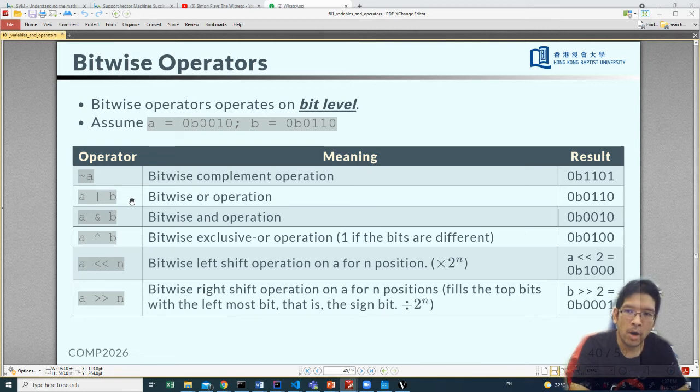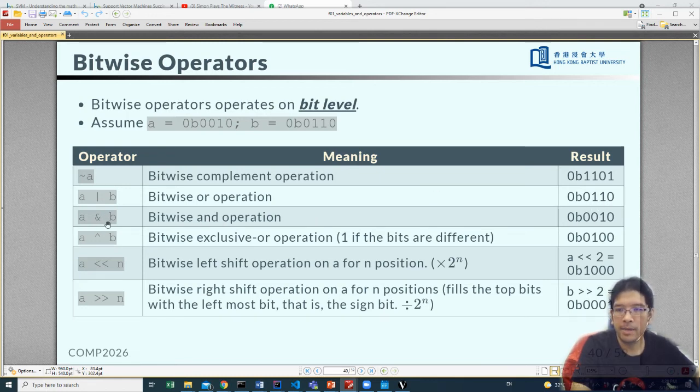If either one of them is a 1, then we treat it as a 1. Remember, in this bitwise operator we only use one pipe symbol. A or B: 0 and 0 gives you a 0 here. 0 or 1, the second bit of A is 0 and the second bit of B is 1, gives you a 1. The third one, 1 or 1, gives you a 1. And the last one, 0 or 0, gives you 0. So A or B will give you 0110.